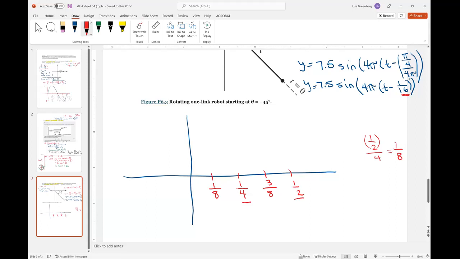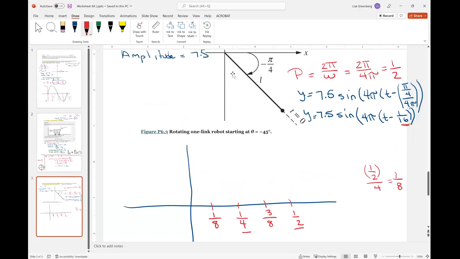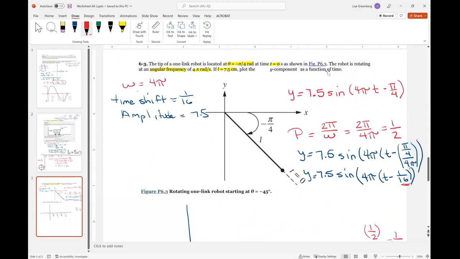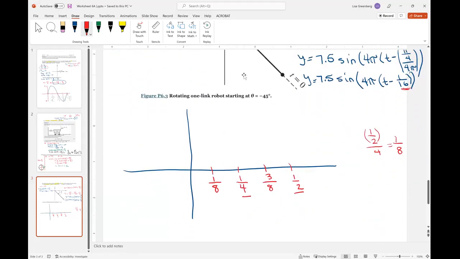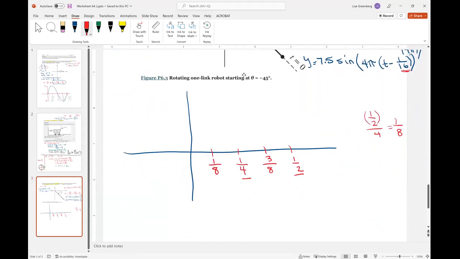Okay. Did it say how many? Okay, it doesn't. So we'll just do 1 period. And I know that this is 7.5, and this would be negative 7.5. So if I had just my graph without a shift, I would just start at 0 and I would go to 1/2. But I have this shift.